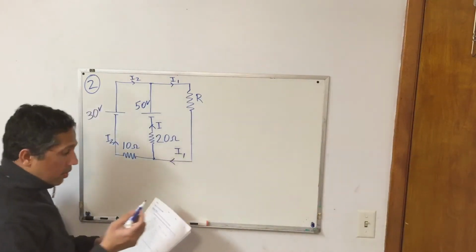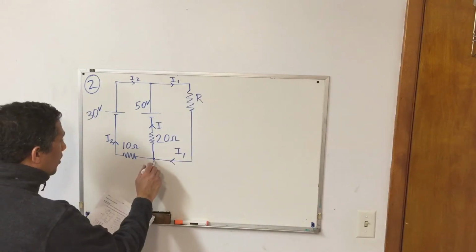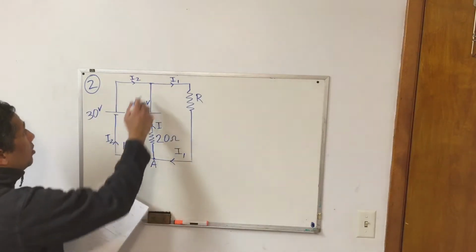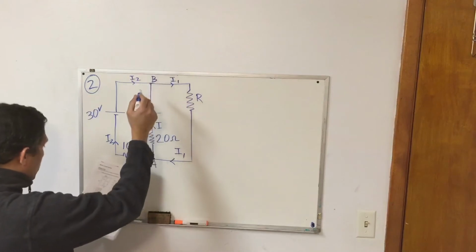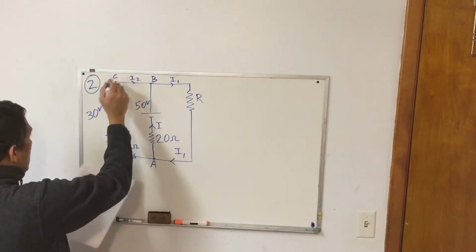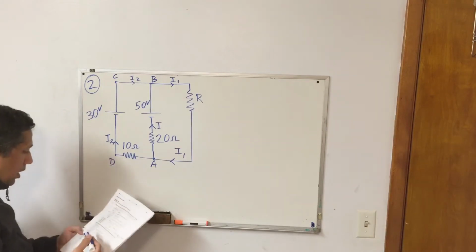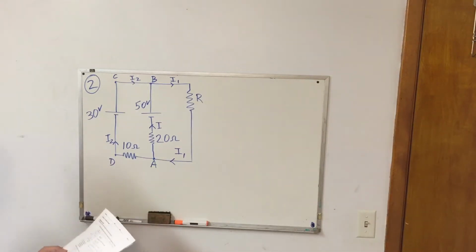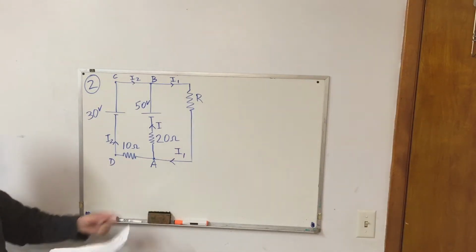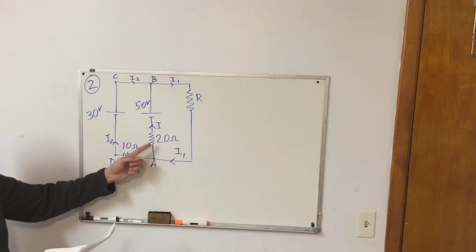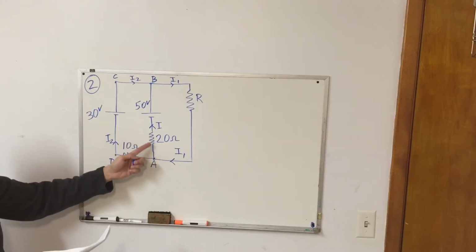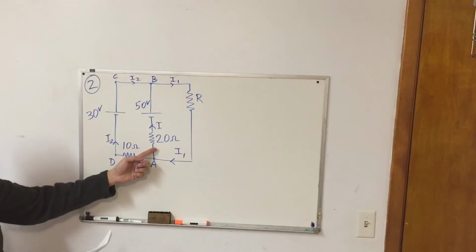You can give it whatever labels you want, but I called them A, B, C, and D. So you have this current I1 coming here, and then a current I leaving through this 20 ohm resistor.